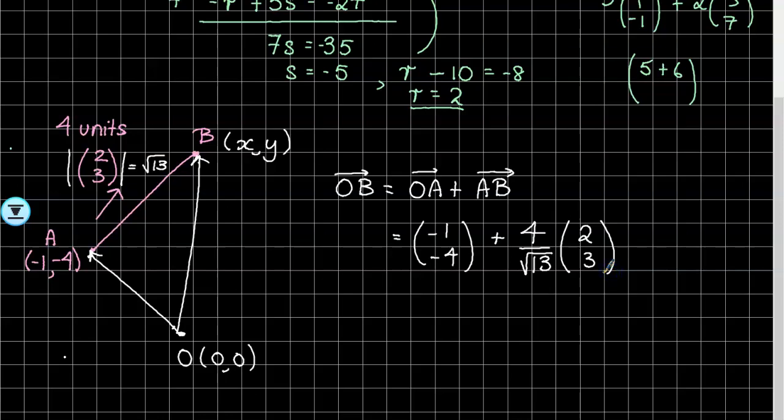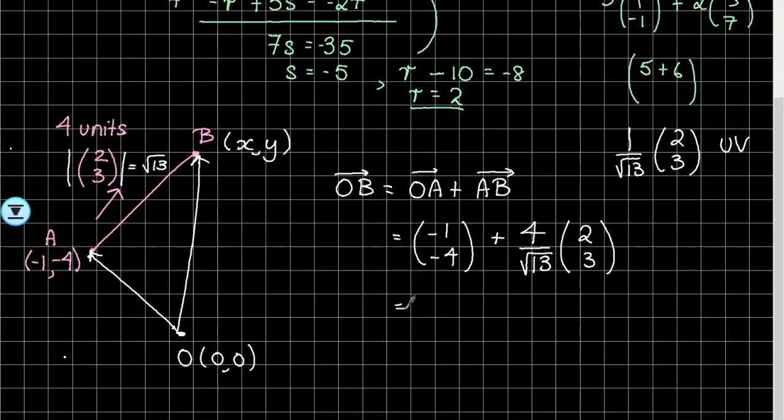So 1 over root 13 times 2, 3. That is a direction, that is a vector in the same direction as 2, 3, but only 1 unit long. And then if I just times it by 4, now I've got 4 units long in that direction. Huzzah? So again, I think the actual maths here is very simple.